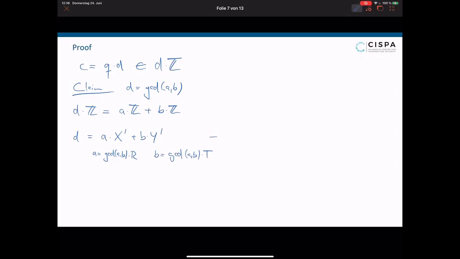And then we get that d equals GCD of a comma b times (r x' plus t y'), right? And that means GCD of a comma b divides d. So GCD of a comma b is a divisor of d.